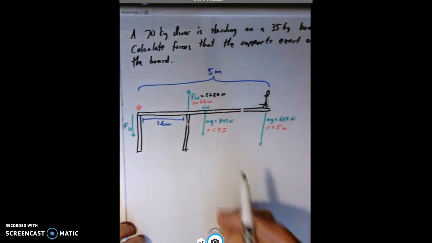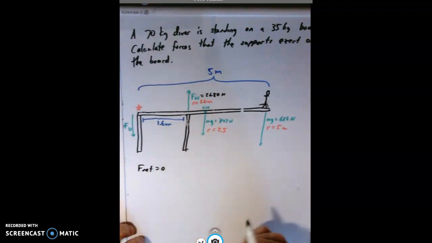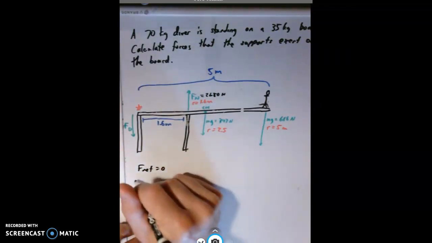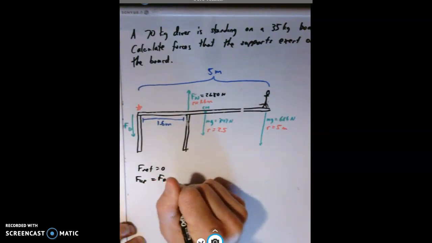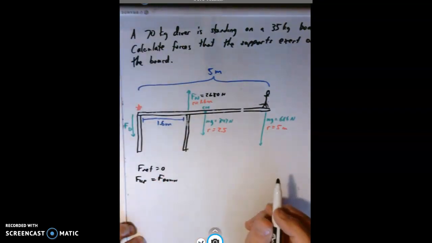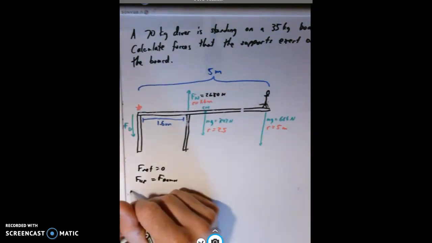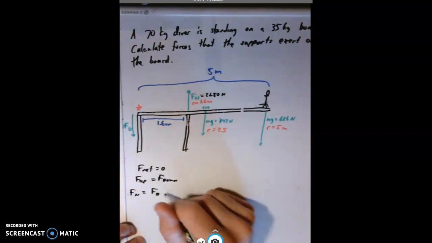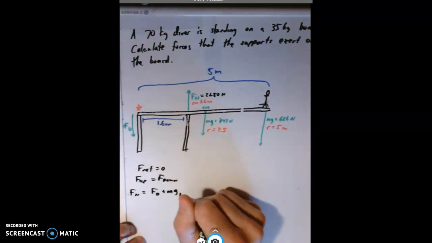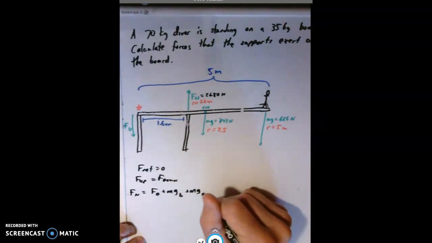I could now use an F net equals 0 approach, where all the up forces equal the down forces. So what are my up forces? I've just got the normal force, which equals the downward force here plus mg of the board plus mg of the person.